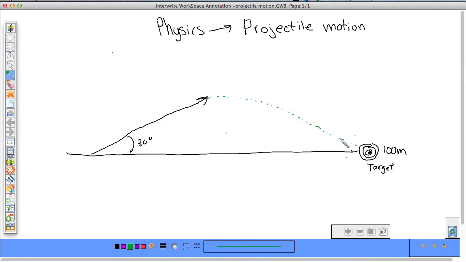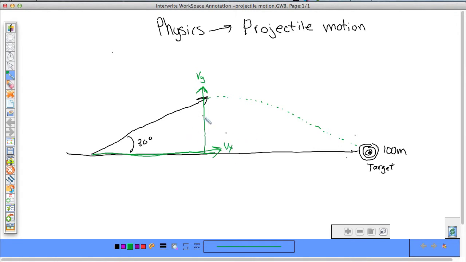The reason for that is when you chuck something into the air, you're going to have two velocities: a velocity that is up, and a velocity that is over. Here is my velocity vector in the horizontal motion, and this is my velocity vector in the vertical motion. Let's call this Vy, and let's call this Vx.